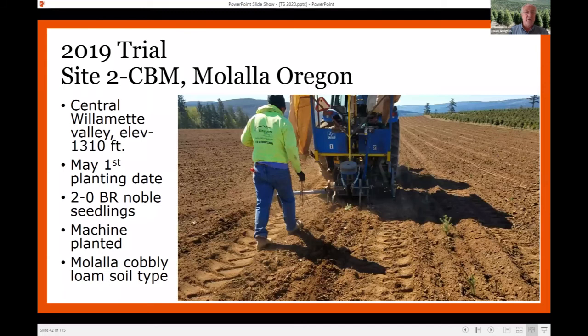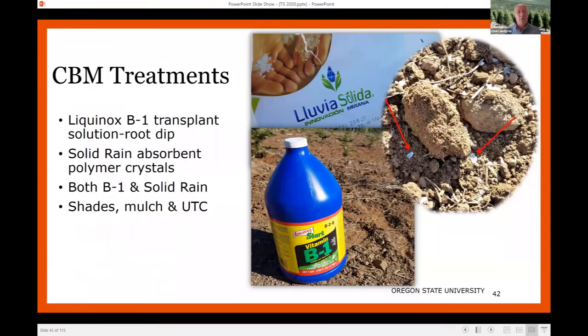We had another site looking at some of the similar treatments with CBM up in Molalla, a little higher elevation site planted on May 1st. That was a second trial. We included B1 transplant, a root starter and root dip.